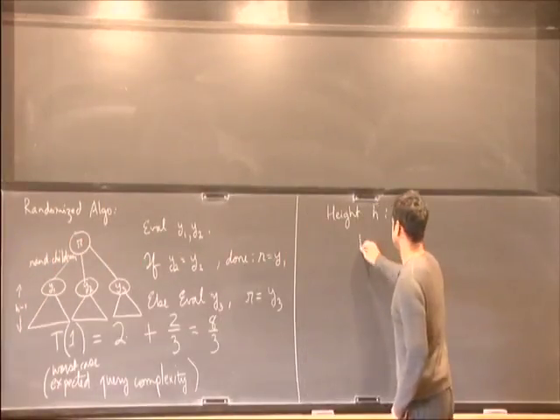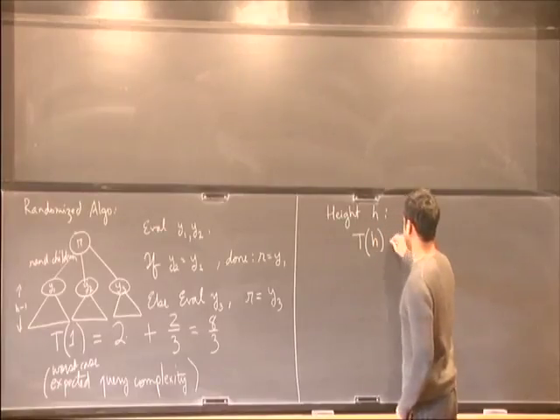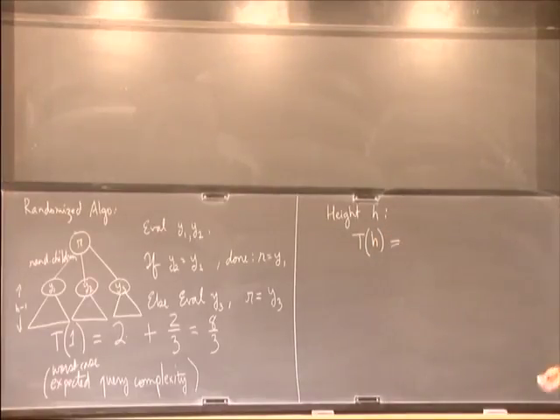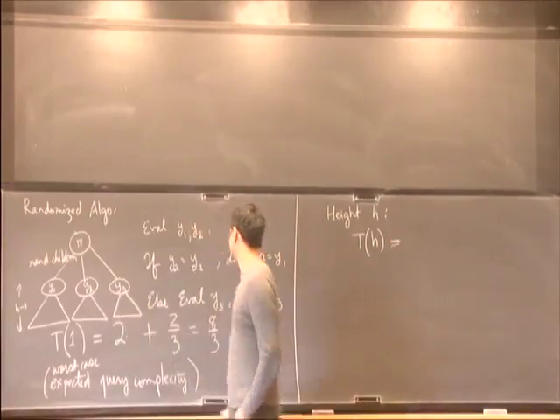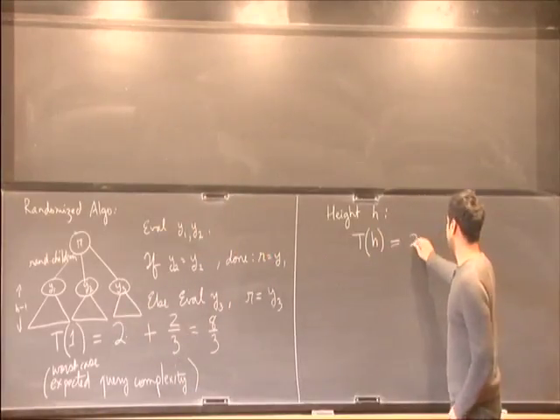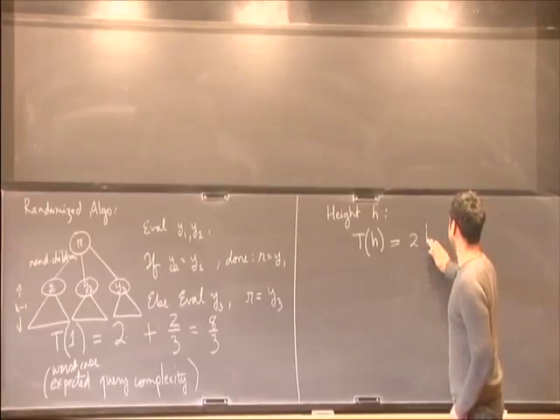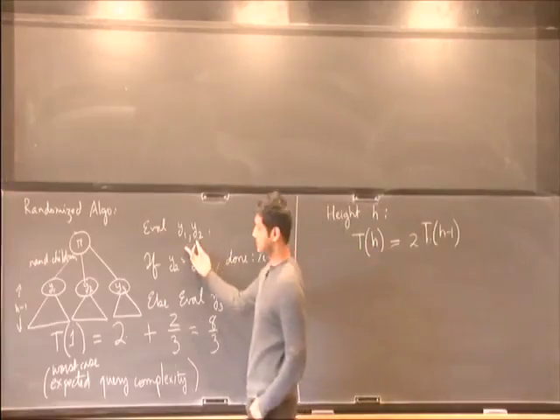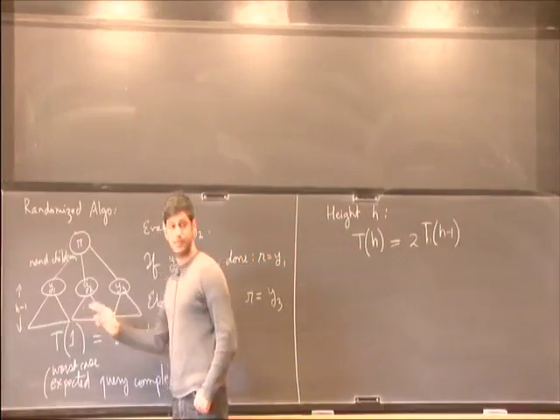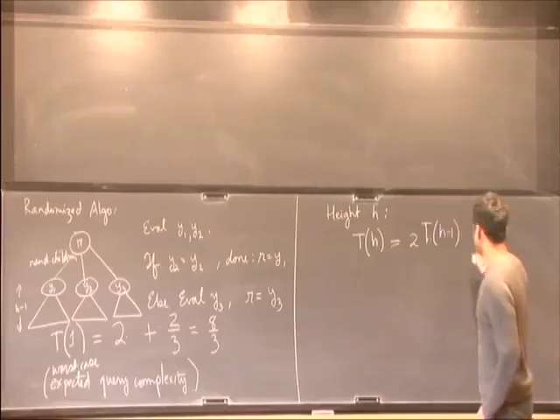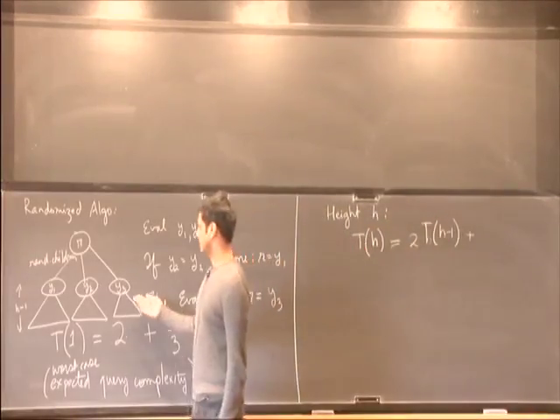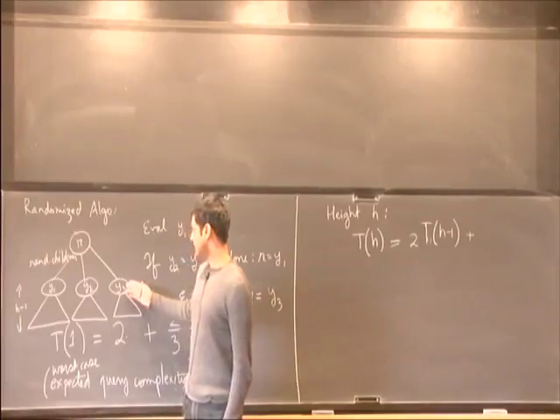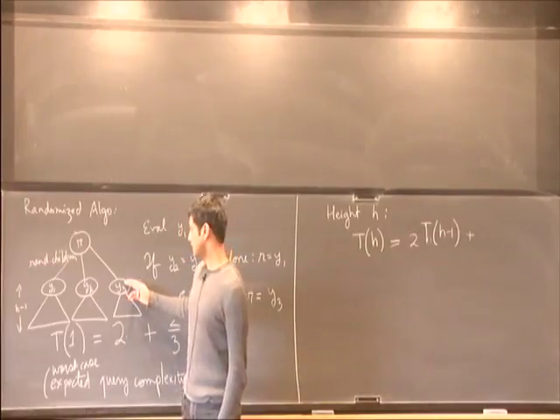For the same kind of hard instances, you would have query complexity 2 times t of h minus 1, because you evaluate 2 subtrees entirely, and these 2 subtrees are of height h minus 1. And then it would happen with probability 1/3 that the one that you left out was the minority.